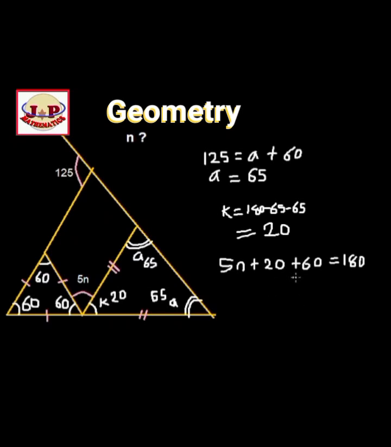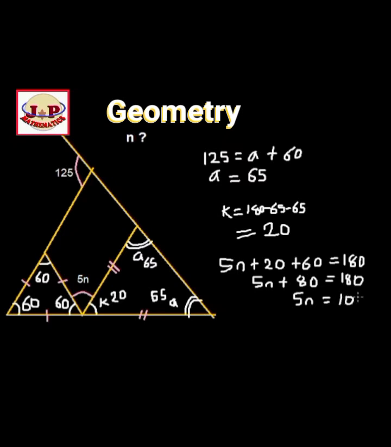So if you do that carefully, 5n plus 80 degrees, that's 60 plus 20, is equal to 180 degrees. So we collect like terms: 5n is equal to 180 minus 80, which gives us 100.